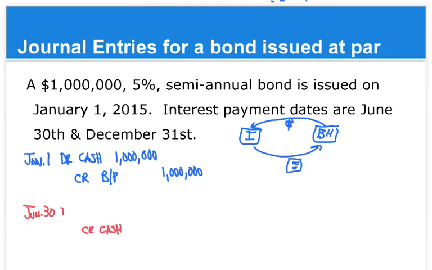Well, they're interest payments, so it should stand to reason that the debit is to interest expense. Again, how do we calculate the amount? Well, the interest is a percentage of the maturity value. The maturity value is $1 million. We'll multiply that by 5%, but we have to remember this is semi-annual. So divide it by 2, and we get $25,000. So we'll debit interest expense $25,000 and credit cash $25,000.